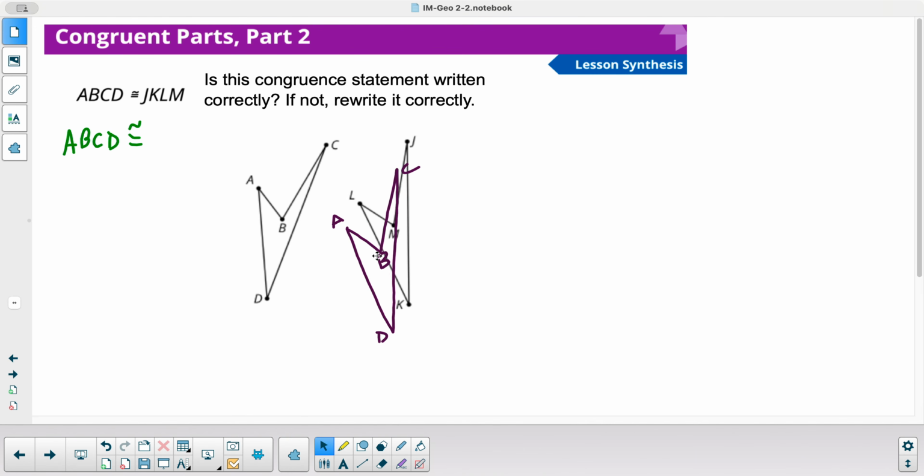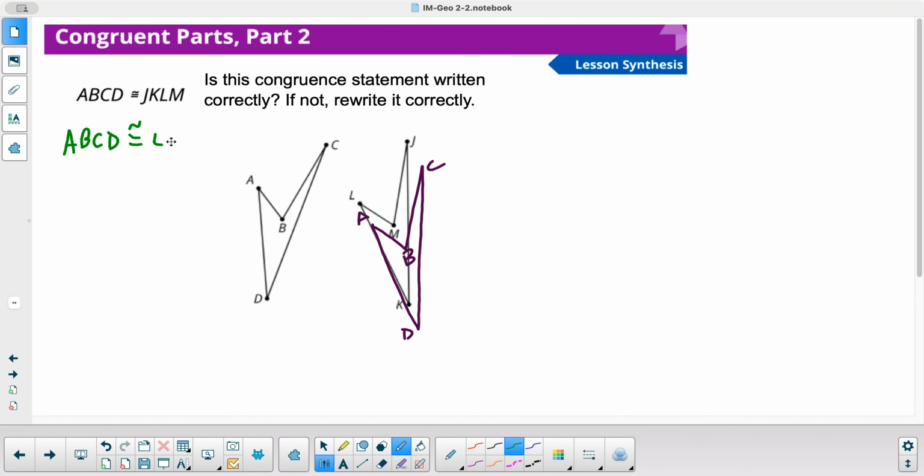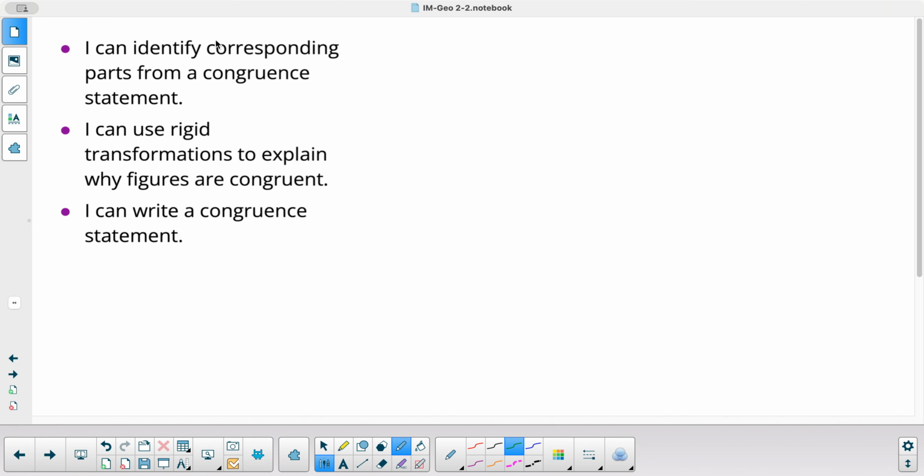It was LMJK. If I follow around this order, A and L, B and M, C and J, and D and K. So it's LMJK.